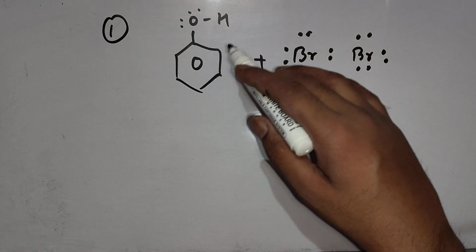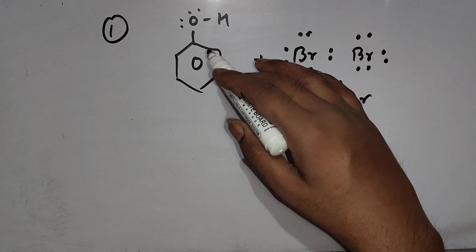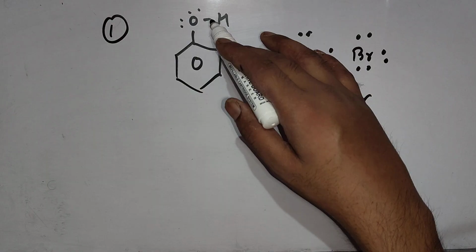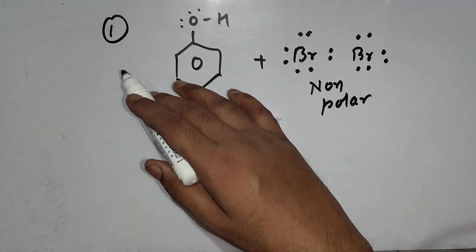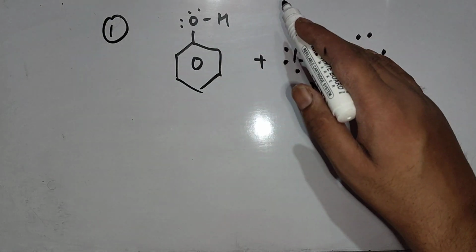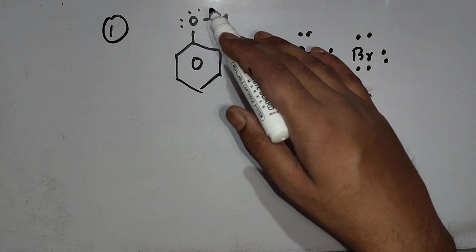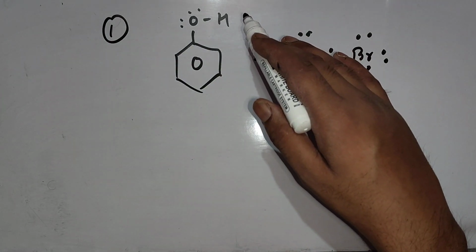And phenol will remain phenol. It will not turn to phenoxide because a non-polar solvent does not have the ability to break this bond like water was doing due to its attractive power. So these bonds will not break and phenol will remain in this form. Phenoxide ion will not be generated.